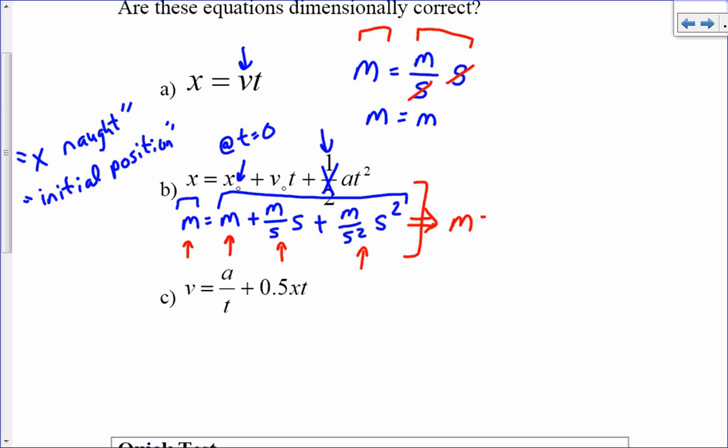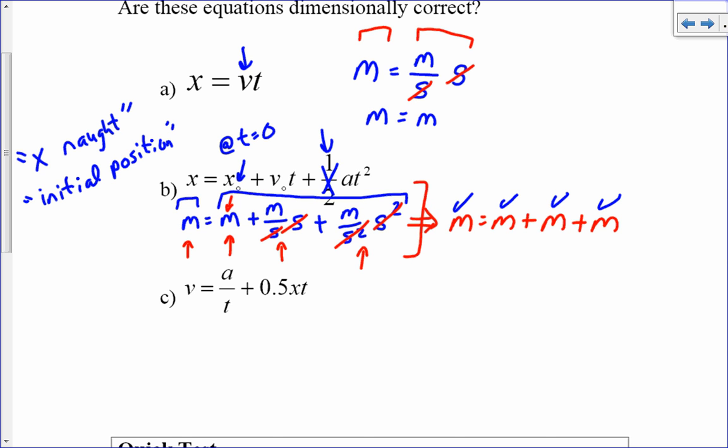On the left-hand side, we had meters. Here, I have meters. Notice the seconds cancel right there, so I'm left with meters. Notice the seconds squared cancel there, so I'm left also with meters. So I have meters here, and I also have meters here, here, and here.